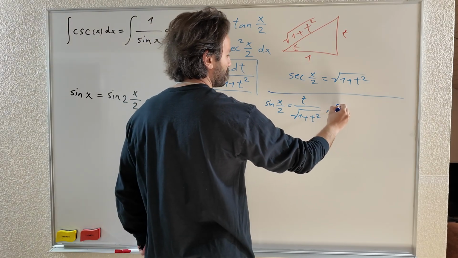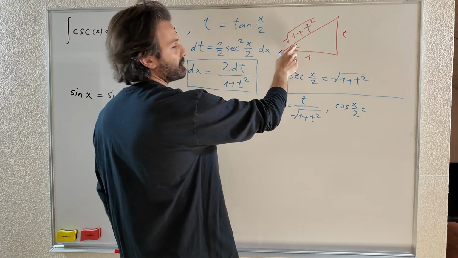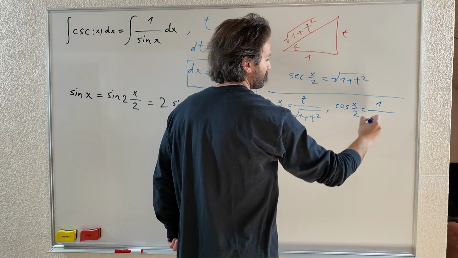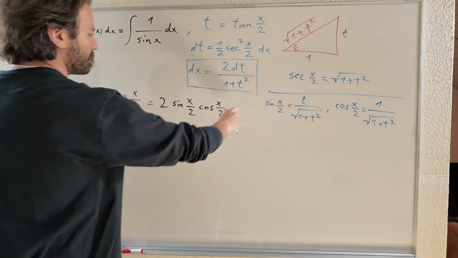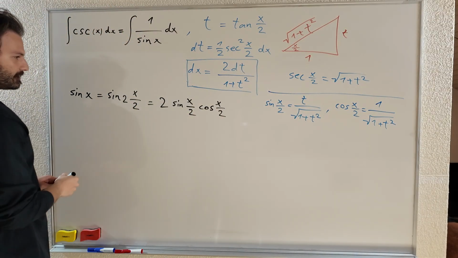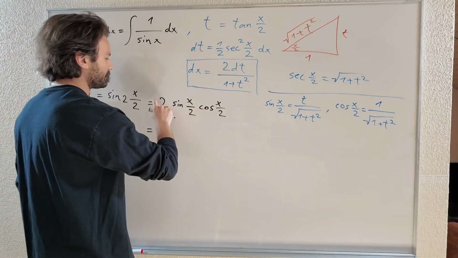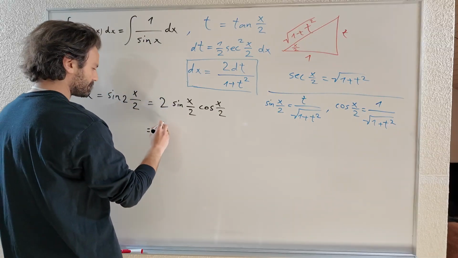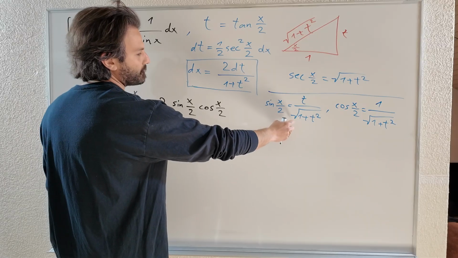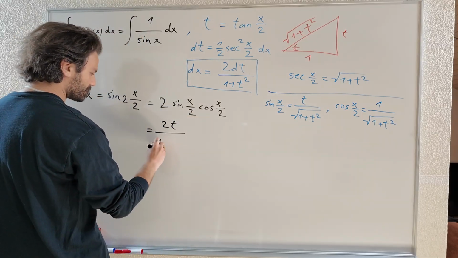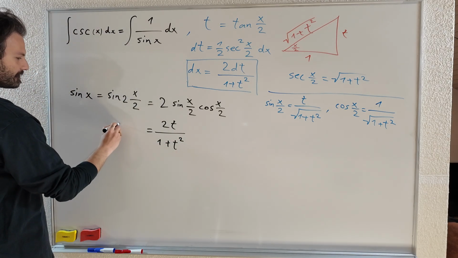And we also know that cosine of x over 2 is given as adjacent over the hypotenuse, which is just 1 over square root of 1 plus t squared. Now we can plug both into this expression. In the numerator we have 2 times t times 1, which just gives us 2t, and in the denominator we have the square root of 1 plus t squared times itself, so this just gives us 1 plus t squared, and this is equal to sine of x.